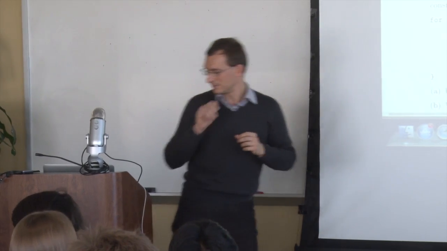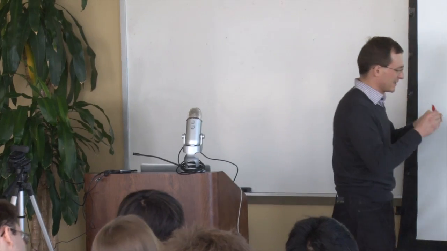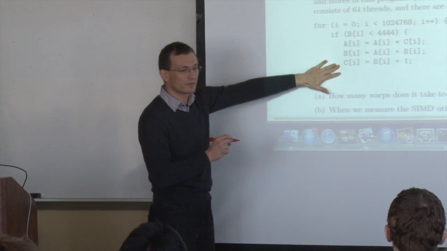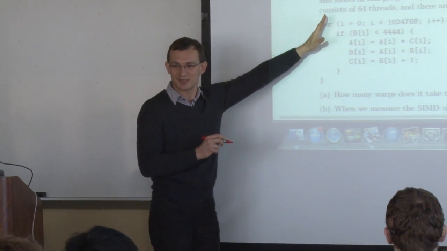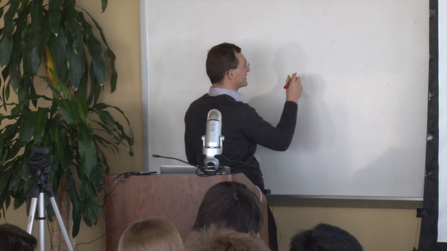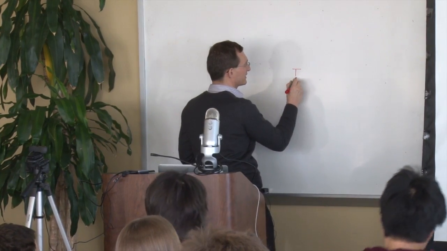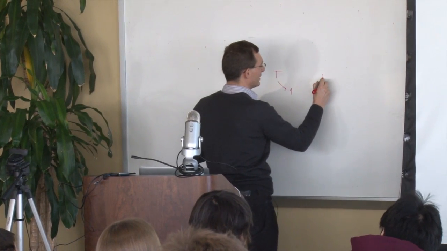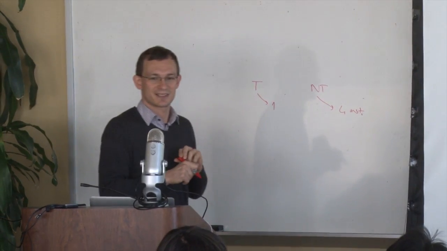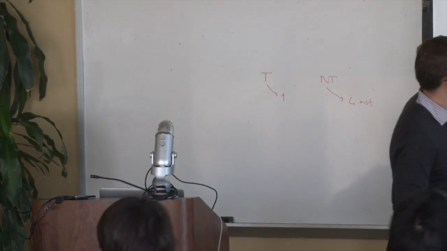If, hypothetically, the branch wasn't taken for all threads, is it still 100% utilization? That's right. So that's the key. If you look at this, you either execute 4 instructions or no instructions, right? So for a thread, if the branch is taken, you execute 4 instructions. If it's not taken, you execute 1 instruction, because the branch is 1 instruction.